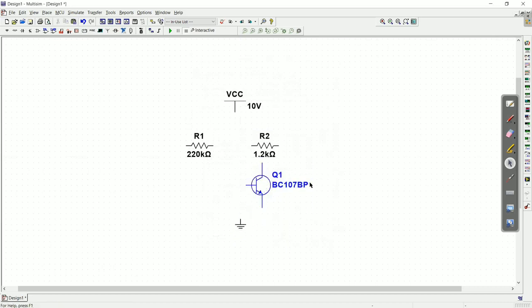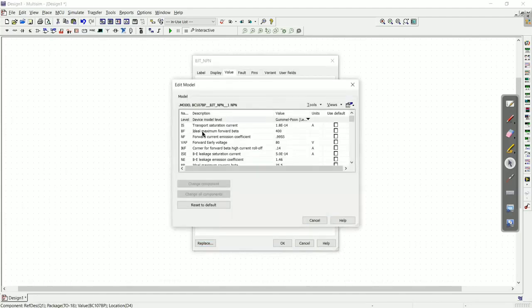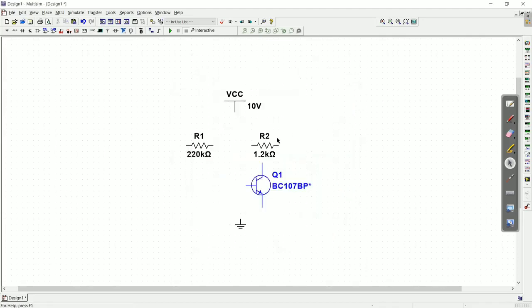For changing the beta value of the transistor, double click on it and go to edit model. Here the ideal maximum forward beta is the beta of that particular transistor. I'm taking it as 50. Let's connect this circuit.